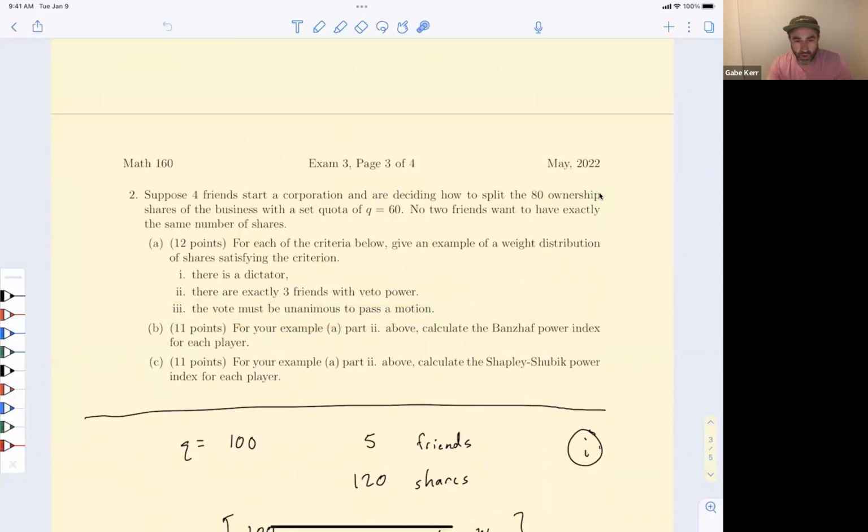When I wrote it, I changed the quota a couple of times and overlooked that I was making it impossible. Sorry about that. Everyone, don't worry about this question, but do 1 and 2 if you can.